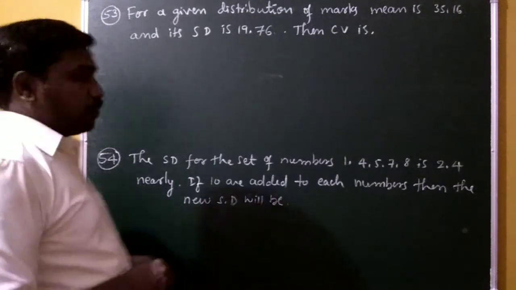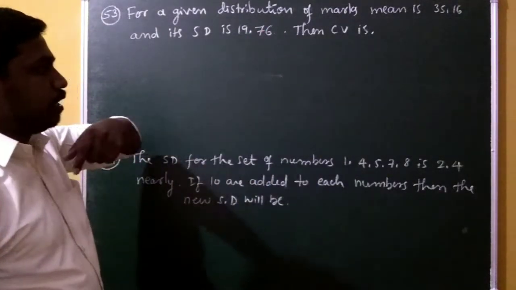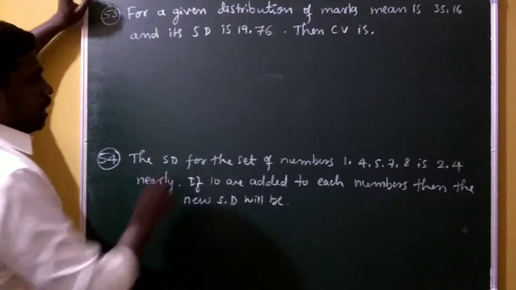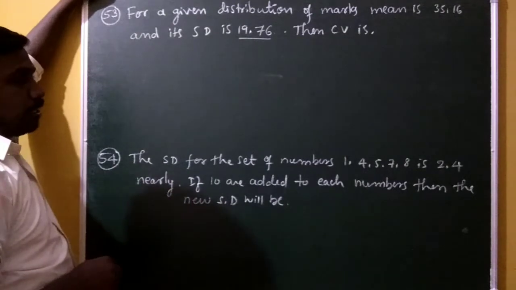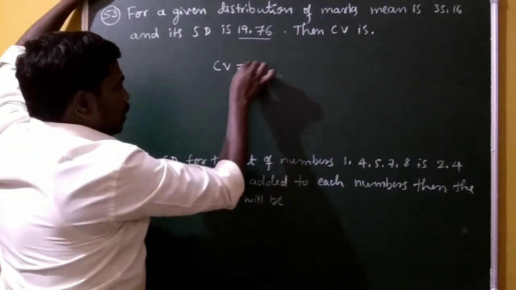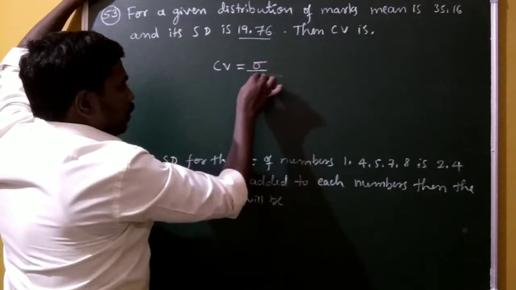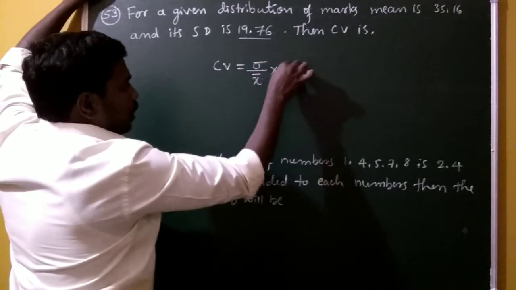Question number 53, observe. For a given distribution, the mean is 35.16 and its standard deviation is 19.76, right? Then the coefficient of variation is defined as standard deviation divided by mean into 100.